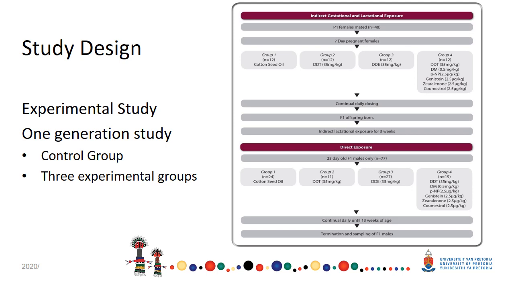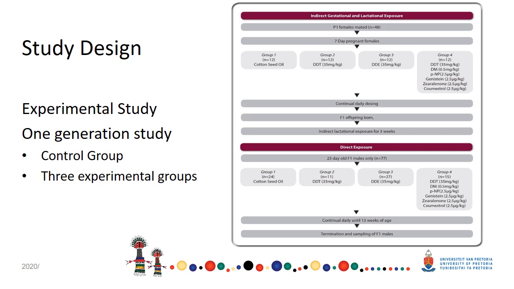We started off with a certain number of pregnant females. They were split into a control group and 3 experimental groups. They were dosed daily through the duration of the pregnancy. Once the pups were born, they lactated and the pups were indirectly exposed through lactation for 3 weeks.